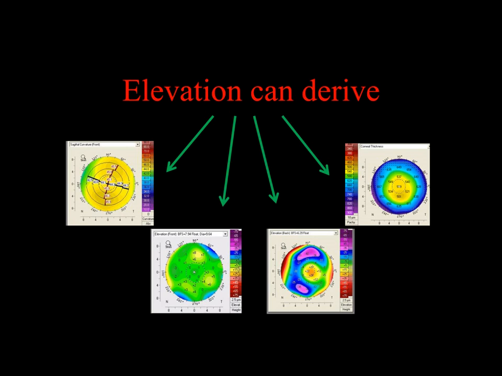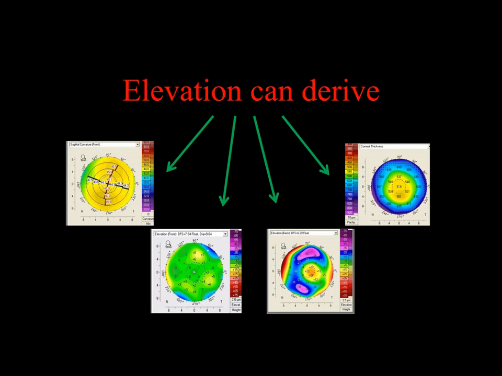So again, if you have elevation, you can derive curvature. If you can measure the anterior elevation and the posterior elevation, then you can also derive a full corneal thickness map. Corneal thickness is just the spatial difference between the anterior and posterior surfaces.